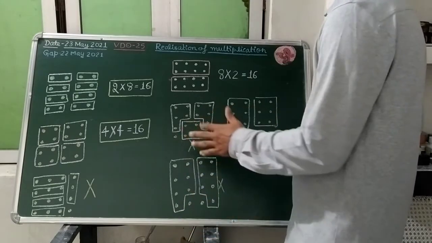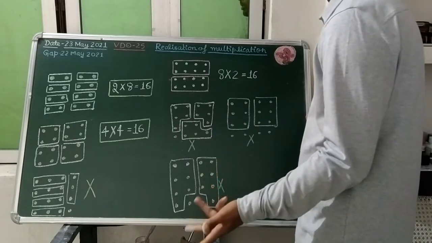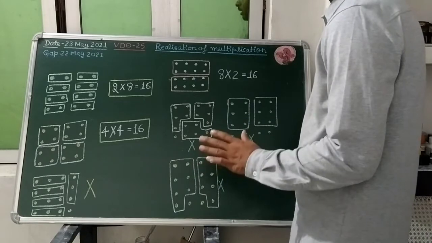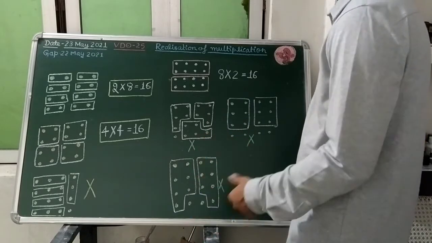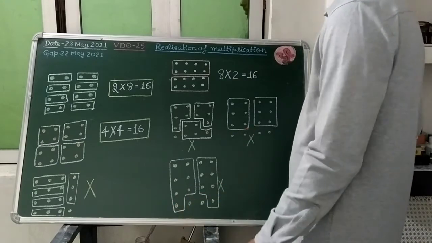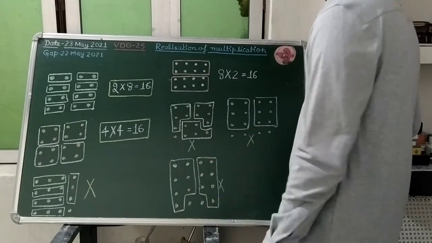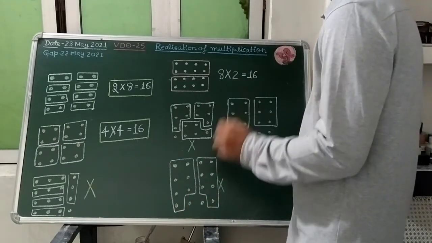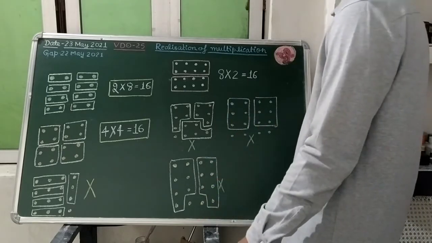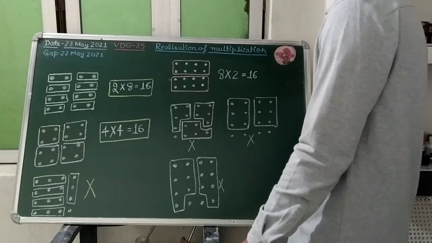In the same way you can talk about 11, 12, 13, 14 and 15 as well, and there you will see that some dots will be left, all the dots will not be grouped. So we will not select those, we will select only those in which all the dots will be grouped. Okay.